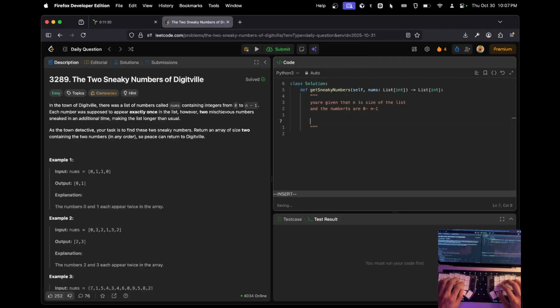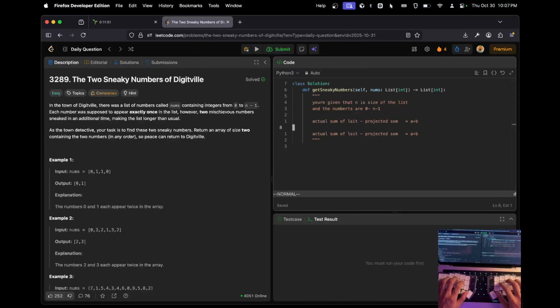It means that the actual sum of the list minus the projected sum is going to be equal to the sum of A and B, which are your two sneaky numbers.